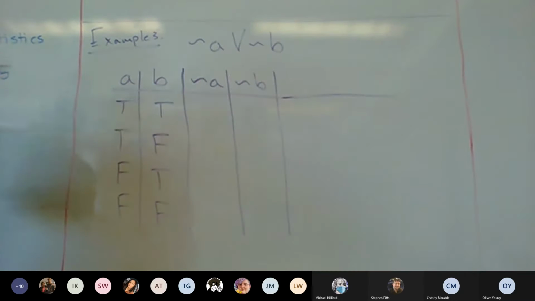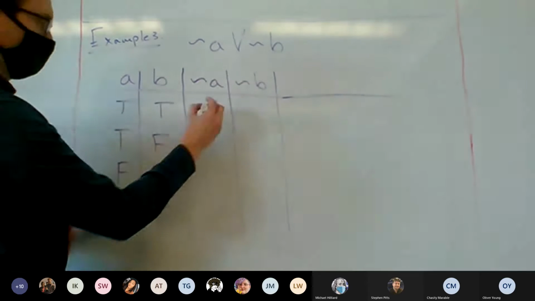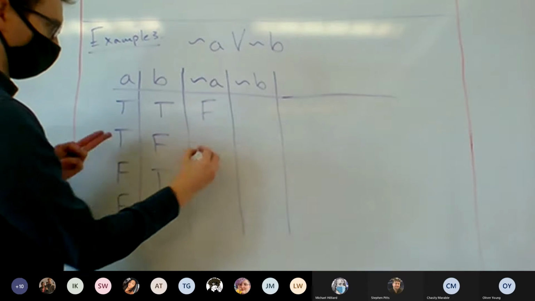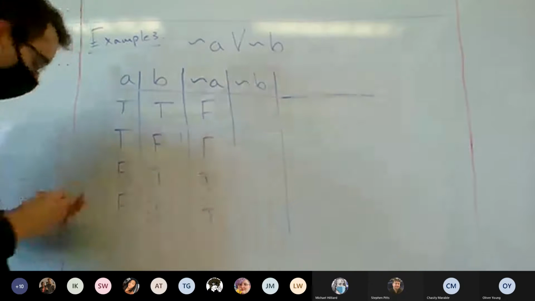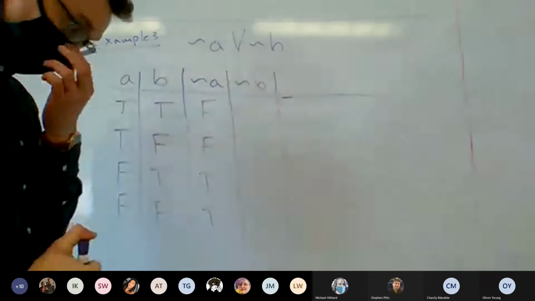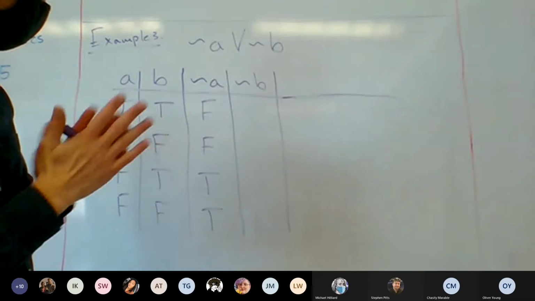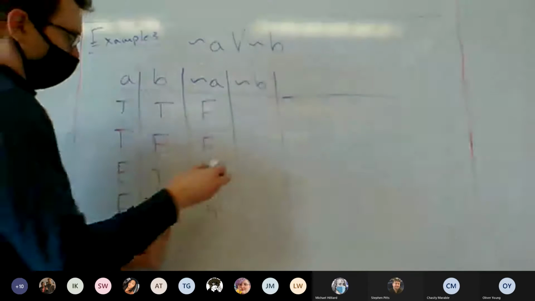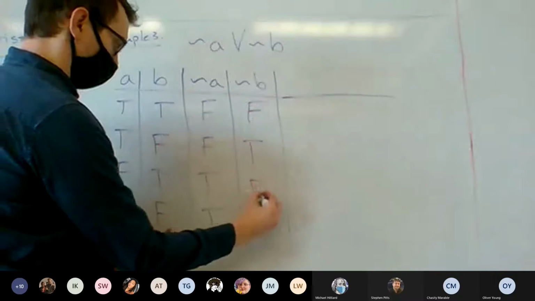I'm literally going to take the A column and flip its truth values: false, false, true, true. For the negation of B, I'm just going to take the B column and flip its truth values.